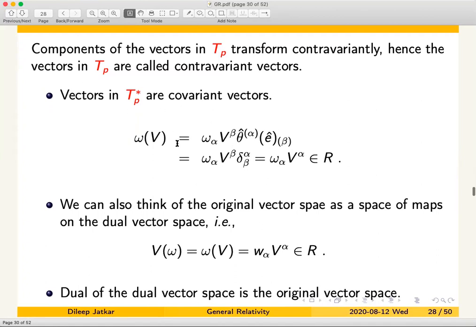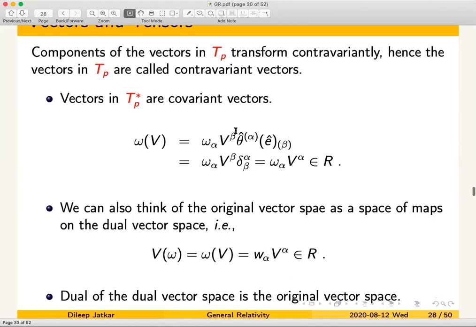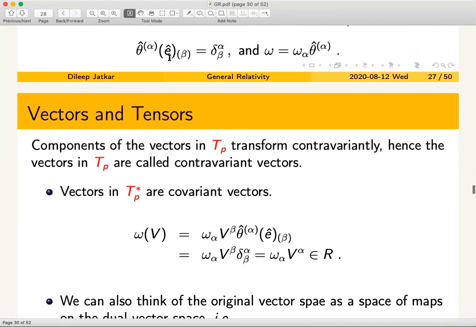Fine. Now let us try to understand this inner product that we have written down, omega acting on V. That could just be written as omega alpha theta hat alpha times V beta E hat beta. But this action is completely determined by how theta hat acts on E hat.